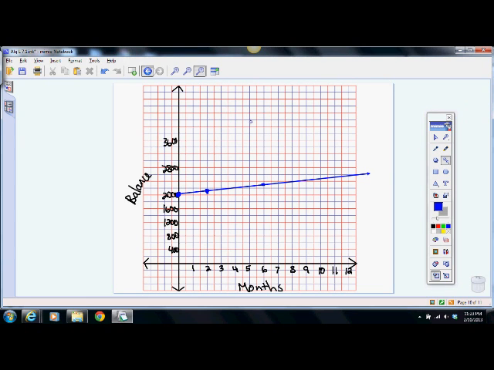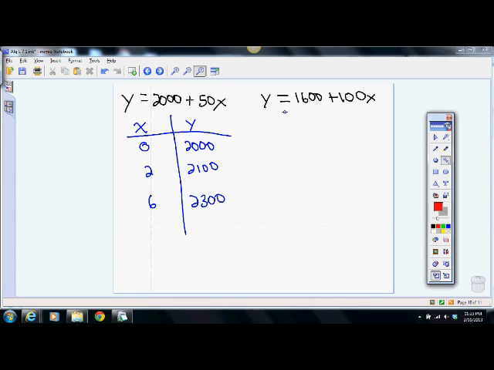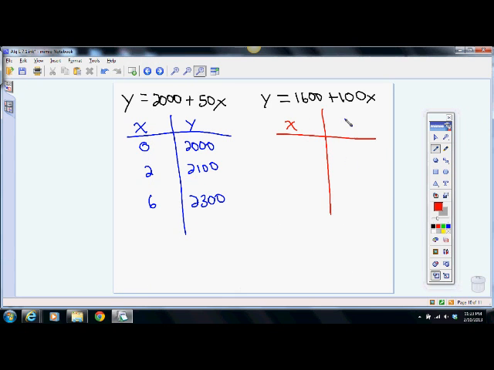Okay, and now let's make an input-output table for Julia. Again, I picked input-output tables just because of the big numbers we're dealing with. If I plug a 0 in here, I get 100 times 0, which is 0, plus 1,600, which is going to be 1,600. I'll use a 2 again. If I plug a 2 in here, 100 times 2 is 200 plus 1,600.